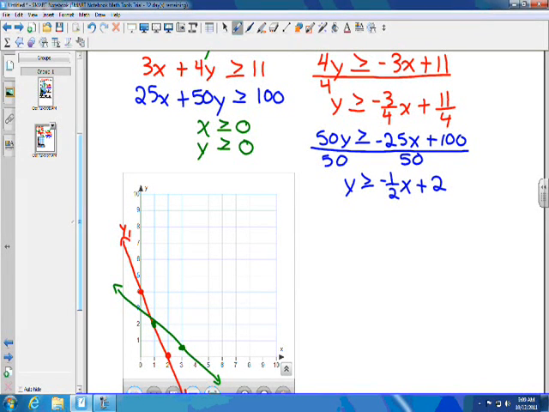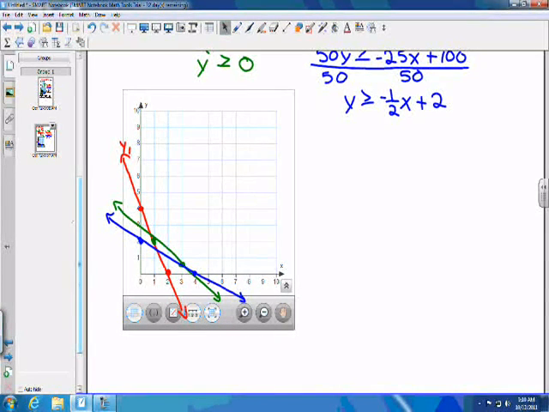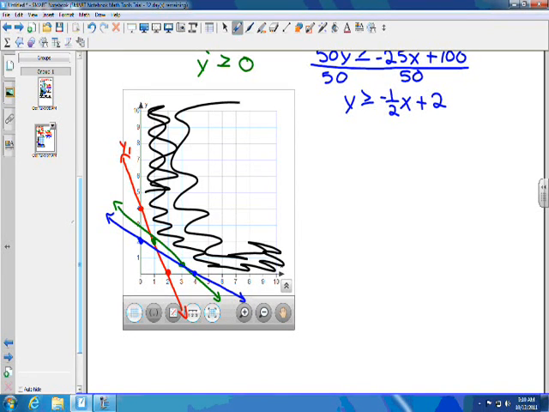And then for Y3, 4, 0, 0, 2. And then you just shade where your calculator has shaded, and that's everywhere out here.